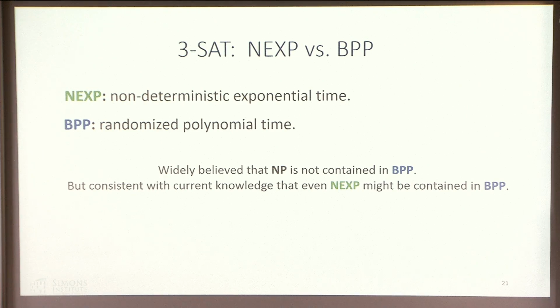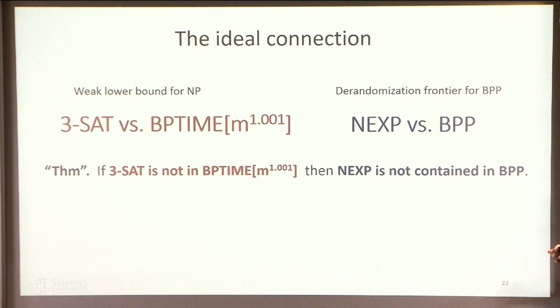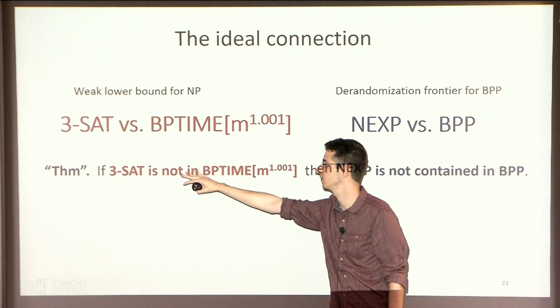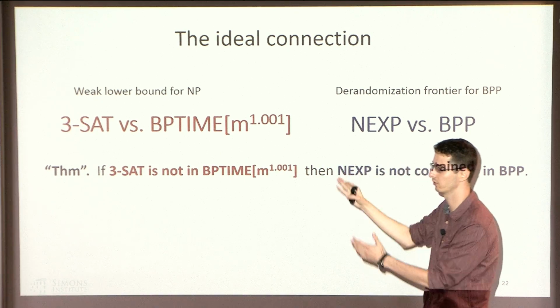Okay, and the last result I want to mention is a connection between the 3-SAT lower bounds and randomization. So we know that this is one of the frontier questions in this area. Can we separate NEXP from BPP? And we would like to connect this derandomization frontier to proving superlinear lower bounds for 3-SAT. So this will be the ideal connection. On the one hand, we have the problem of showing weak lower bounds for 3-SAT, showing that 3-SAT is not in almost linear time algorithms, maybe with randomness.